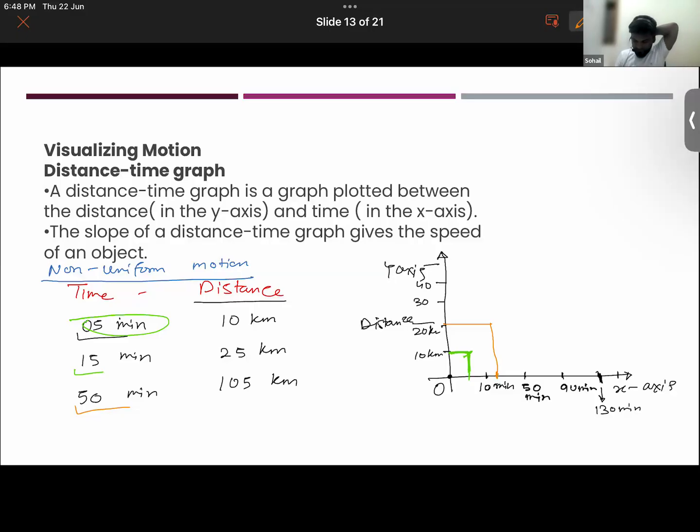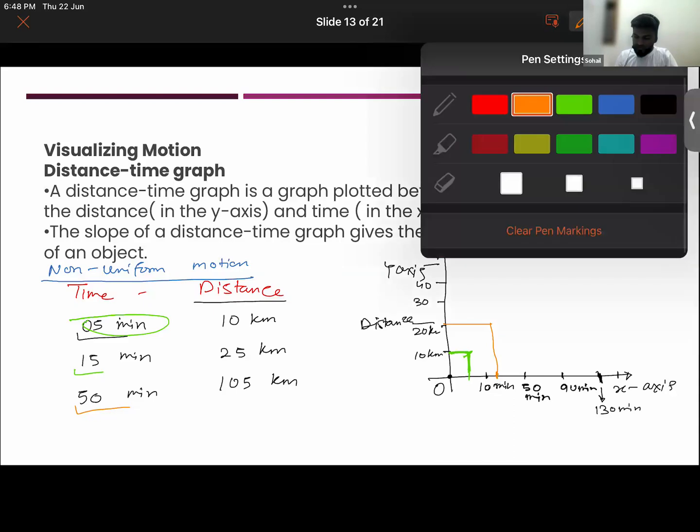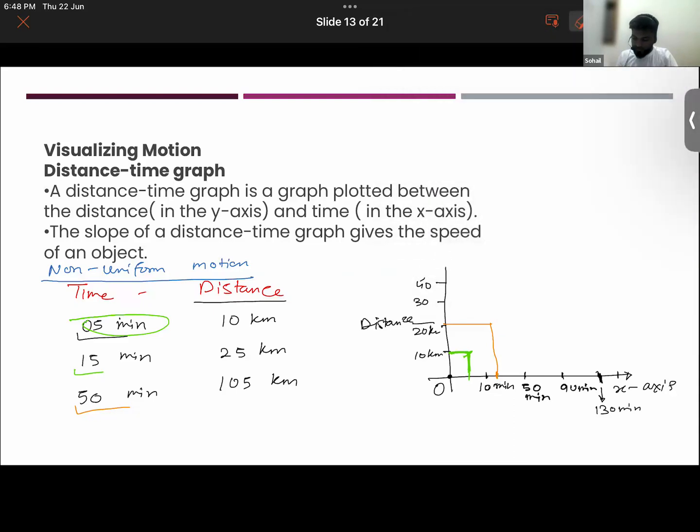Okay, so if we were to draw the graph further here, if you try to extend it more, it was 40, 50, 60. Somewhere here, it will be 100 kilometer. Right, Mufas? Yes, sir. Okay. So for 50 minutes, that is here, the graph goes like this all the way up to here.